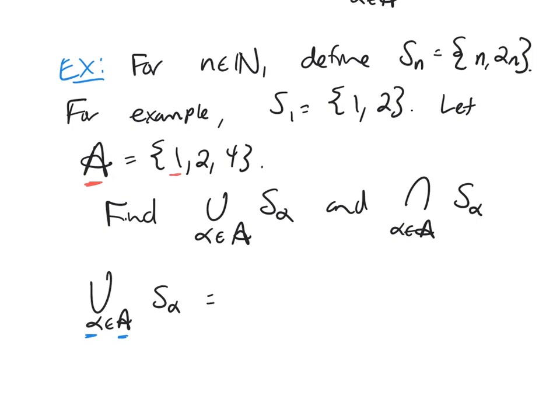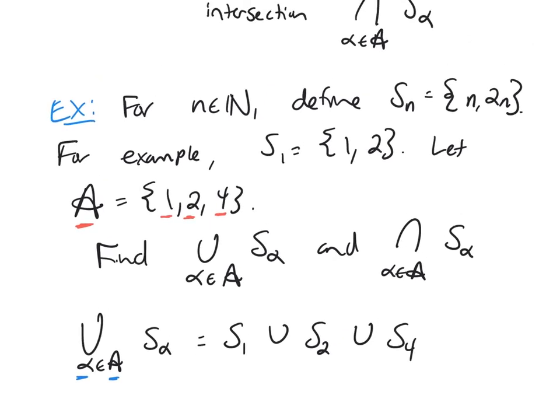Plug in 1 for alpha. That'll be S1 union. Now go to my next element in A, 2, S2 union. My next element in A is 4. Plug in 4 for alpha. It'll be S4.